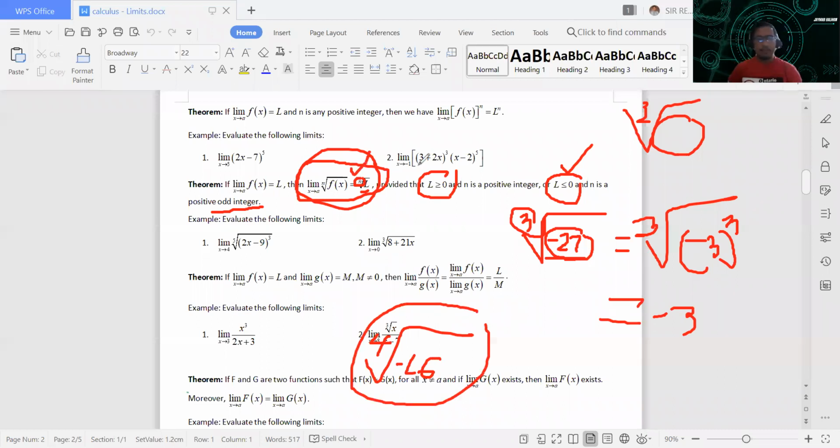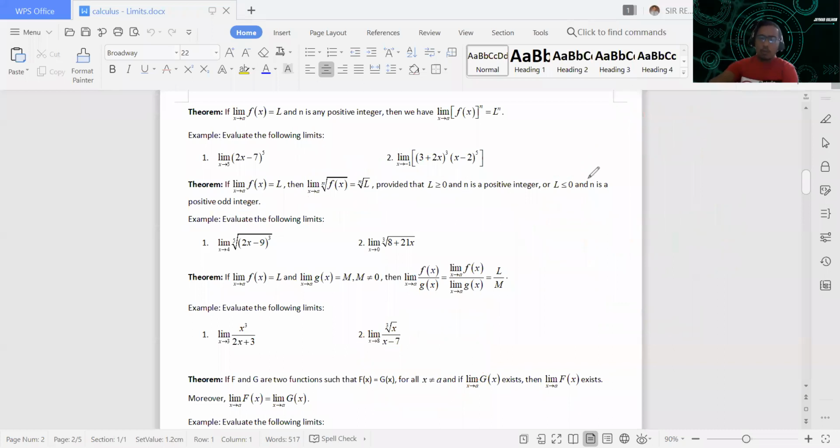It will work if you are considering complex numbers, but if real numbers only, then you don't have an answer. Sometimes the limit does not exist in that case, or there will be something you need to do to find the limit as we go along in our discussion. Okay, that's it for this. So what is the answer in number 1? Any guess?